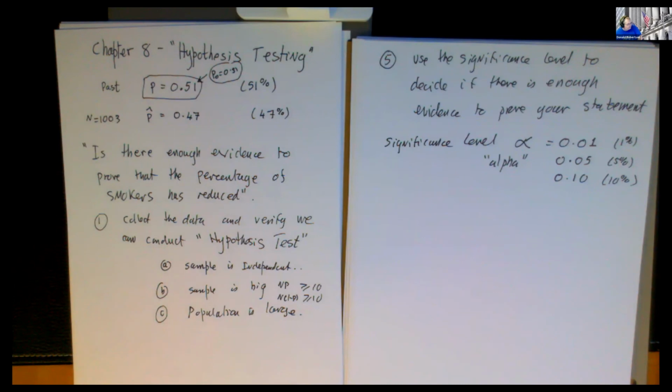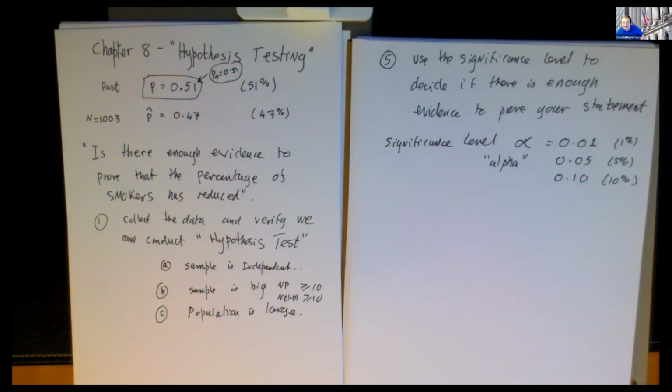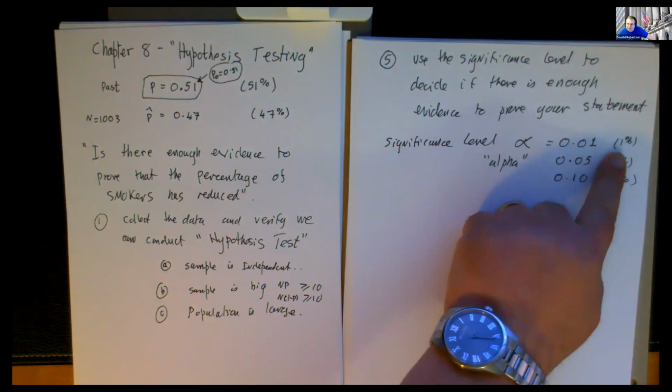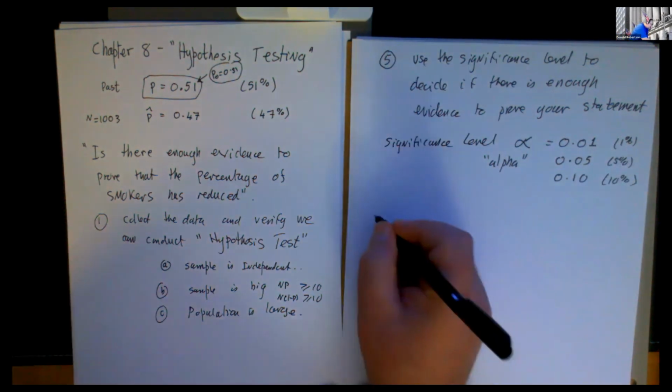If you ever in the future read reports or analysis on a hypothesis test where someone said, hey guys, here's evidence to prove what I've just said is true, here's evidence to prove that it's gone down, you will have associated with that entire testing process a significance level. It's either 1, 5, or 10. And this is the test.